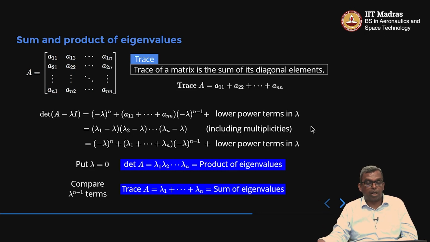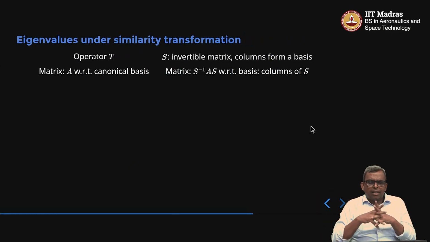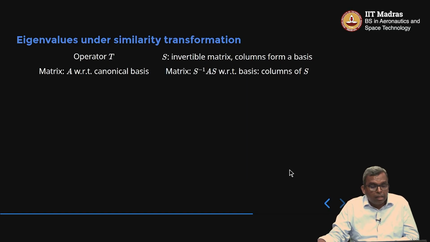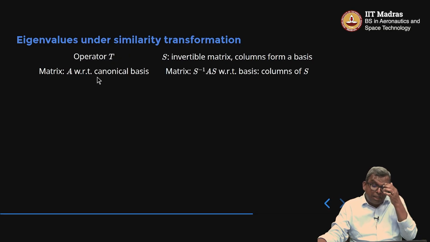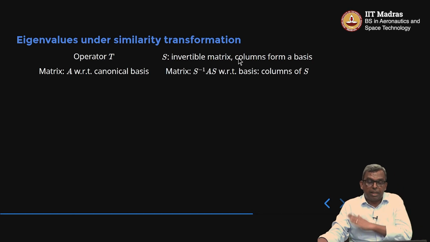Okay. So, this is sum and product. Next comes a very, very important idea. This is sort of slightly theoretical in flavor, but if you know this idea, quite often many problems become simpler. Okay, so let me try and explain it. So we're going to start with an operator T and then think of the matrix A with respect to the canonical basis representing T. So this is always the picture, we've always had this picture in mind, but then what happens is, supposing you have an invertible matrix S, any invertible matrix S, its columns form a basis.